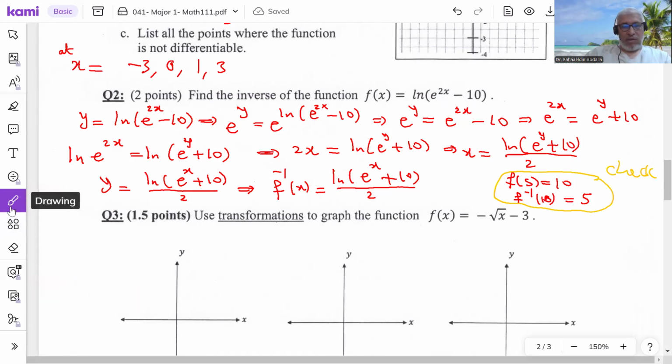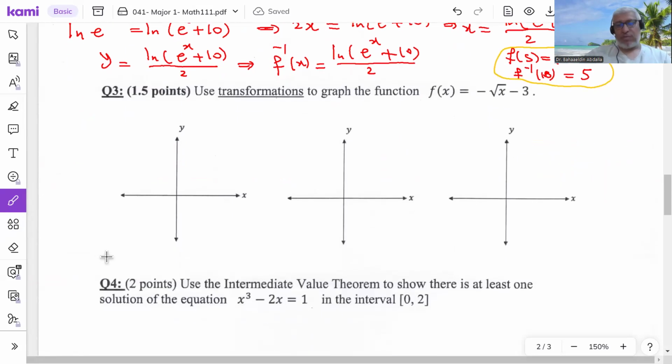Okay. Use transformations to graph the function. We need 3 graphs. Well, first we start by the graph of the original function, square root of x. We know that the graph of square root of x is like this.